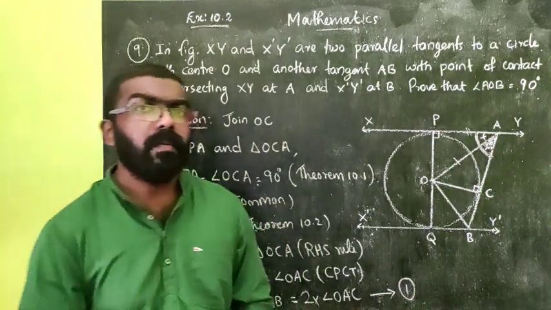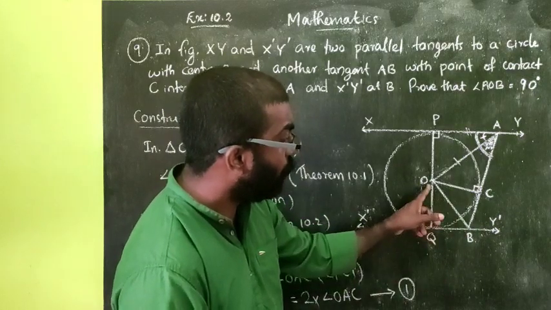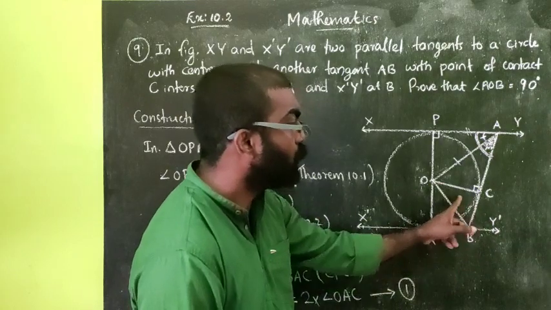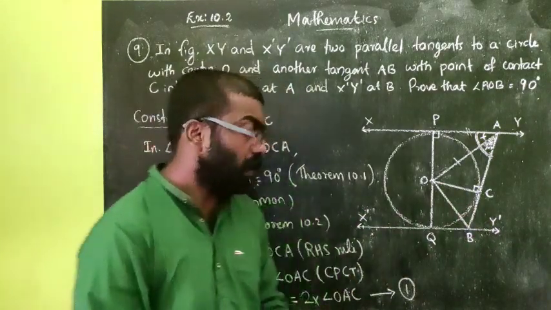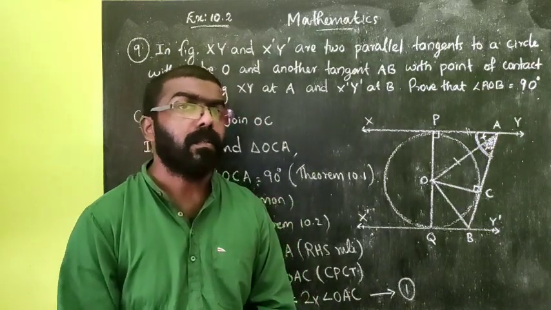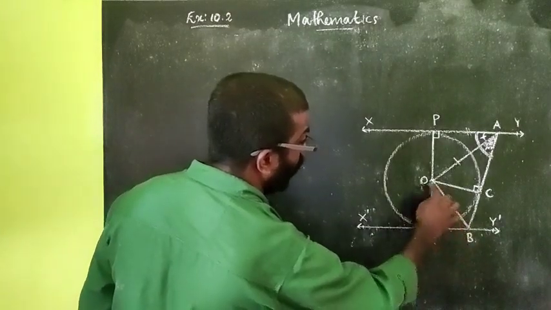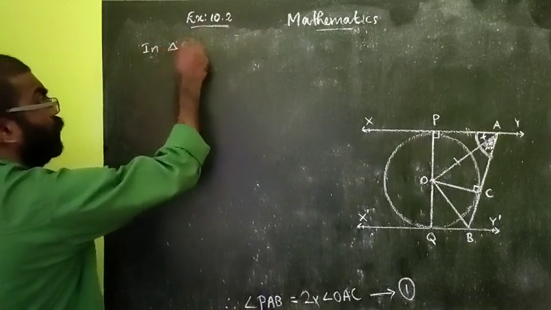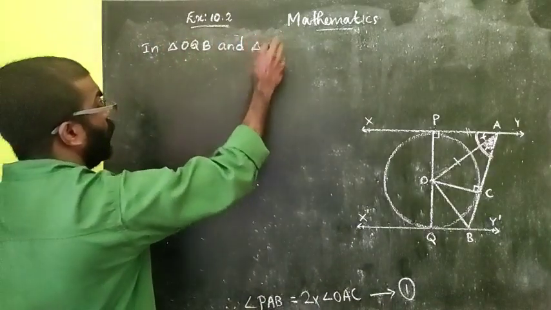Okay. Similarly, we can prove these two triangles, namely OQB and OCB, are congruent, and from this also we can derive another relation, and then we can combine and arrive at the conclusion. Now we can consider triangle OQB and triangle OCB.